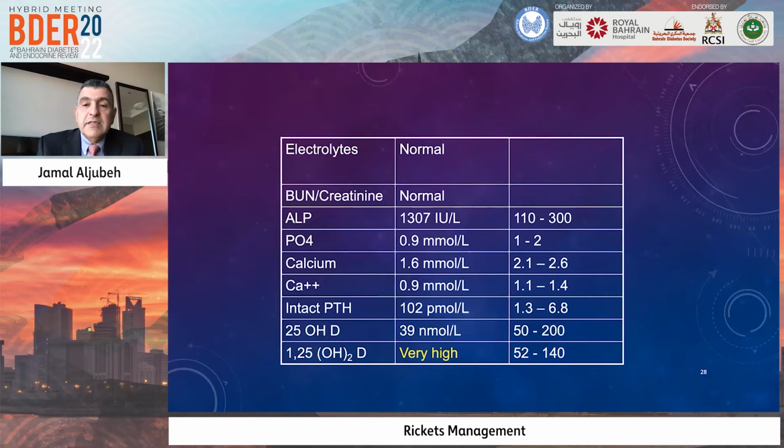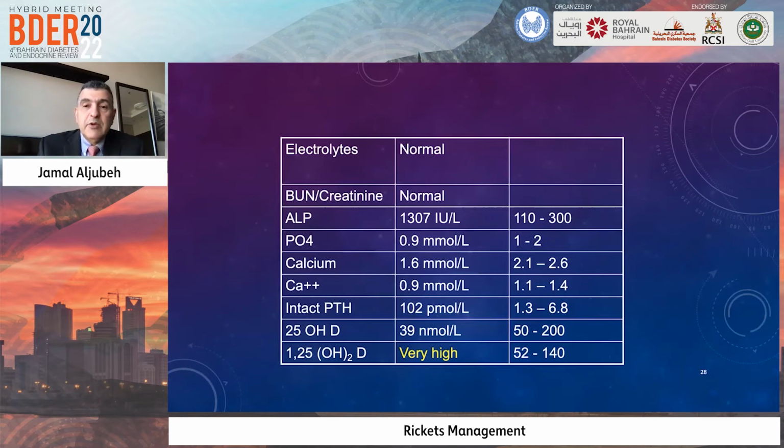1,25-hydroxyvitamin D was very high in this patient. So this was going with vitamin D dependent rickets type 2 due to resistance at the receptor level. Interestingly, last month we have seen a patient with all of the features exactly the same as I described.